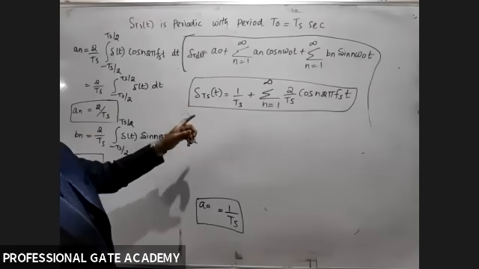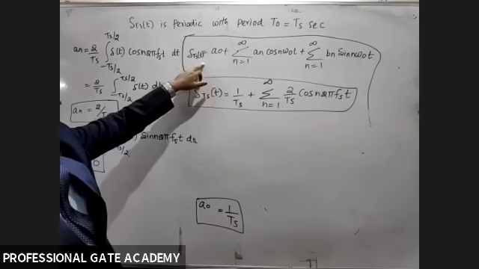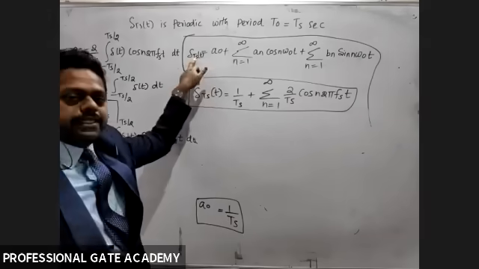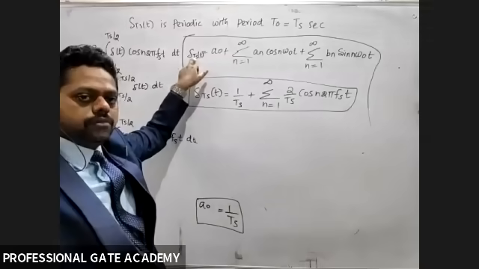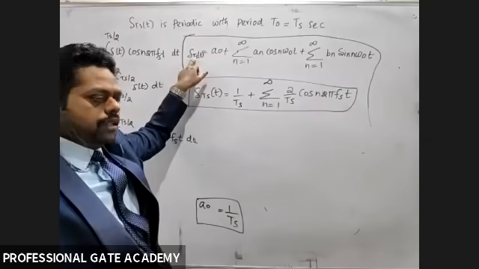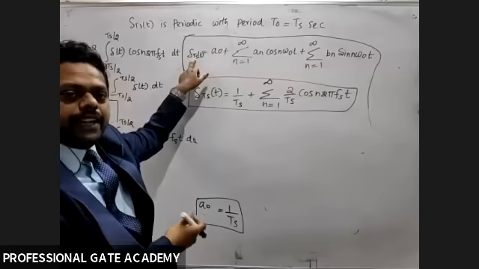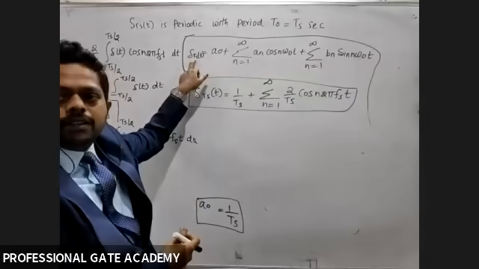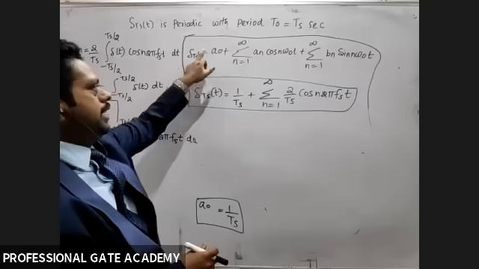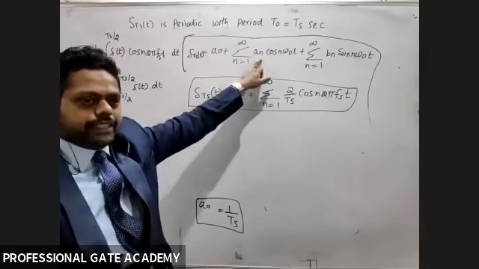I think we already studied this in Fourier series. Is del Ts of t even symmetry or odd symmetry? Even symmetry. Even symmetry means we have only the DC term and cosine terms, and the sine terms are 0.